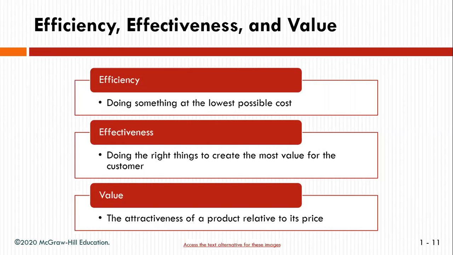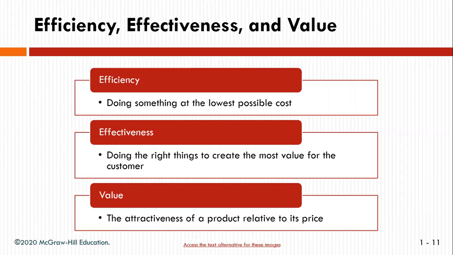Now, whether you are talking about products or services or a combination of them in the middle, there are three things you need to take into consideration: efficiency, effectiveness, and value. Efficiency, doing something at the lowest possible cost. Effectiveness, doing the right thing to create the most value for the customer. You become very effective.